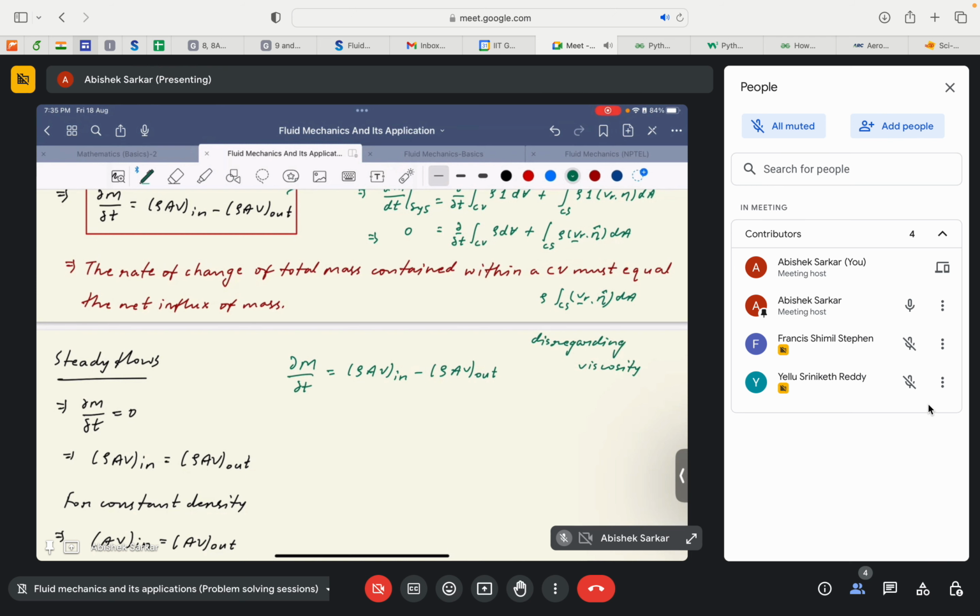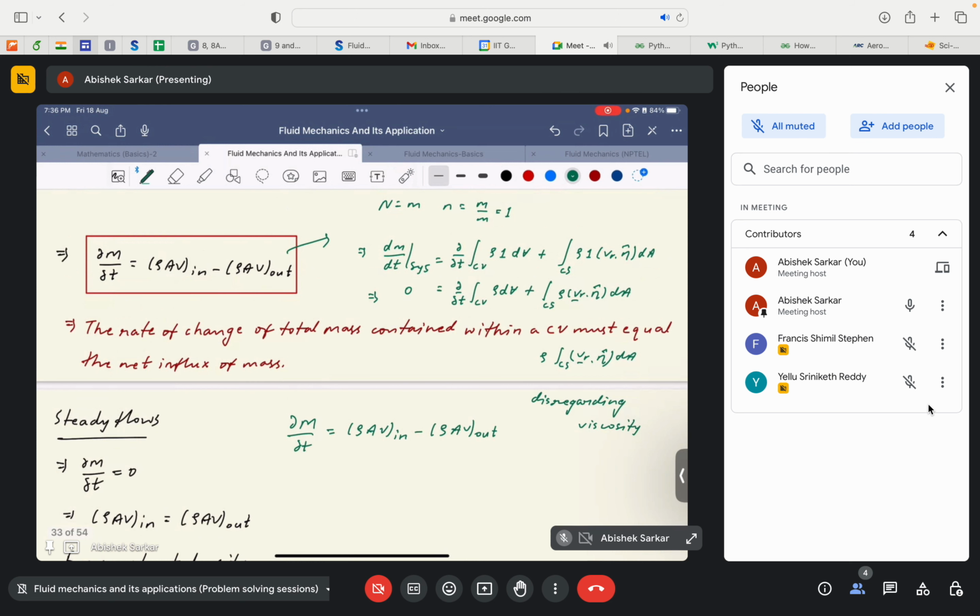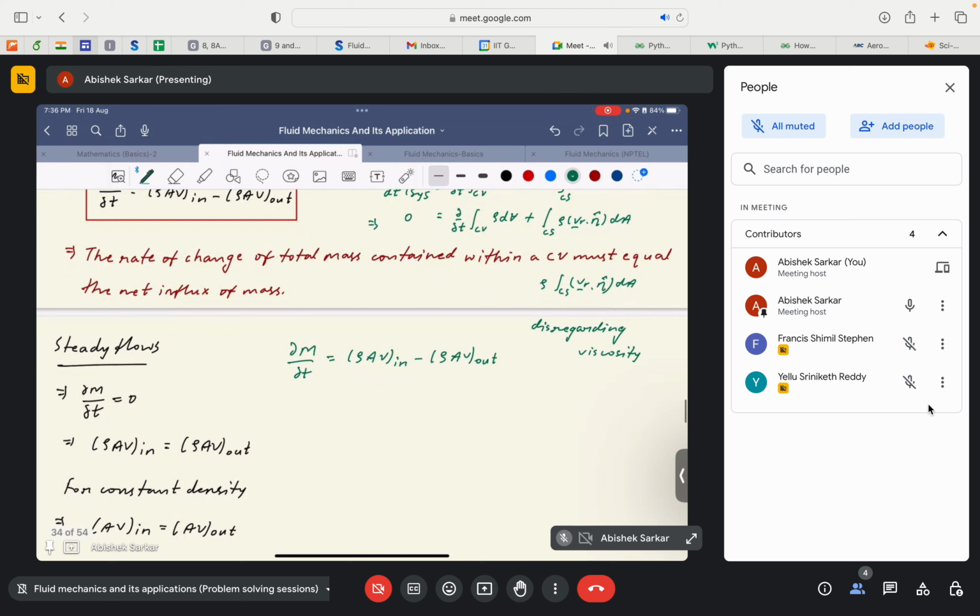See, it is not what I am considering here; it's the general structure of the governing equation that has been formulated. It is a control surface, not to be confused with control system.